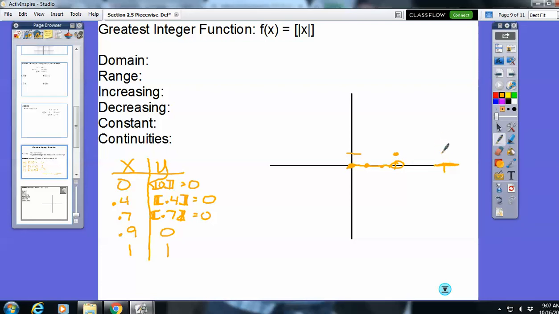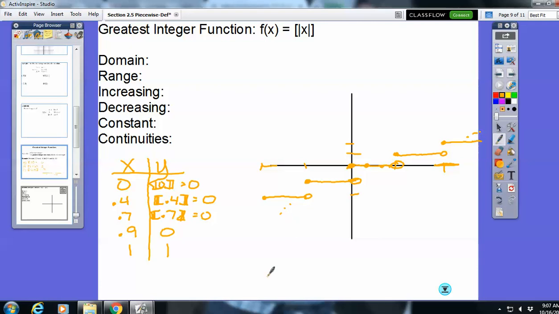So I'm going to be on this step from 1 to 2. Greatest integer always has a closed circle on the left, open circle on the right, and then I would jump up to my next piece. And it keeps going. You could go the other way. I would drop down, closed circle on the left, open circle on the right.